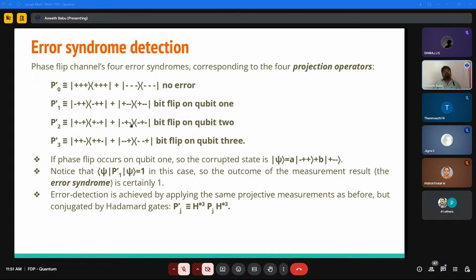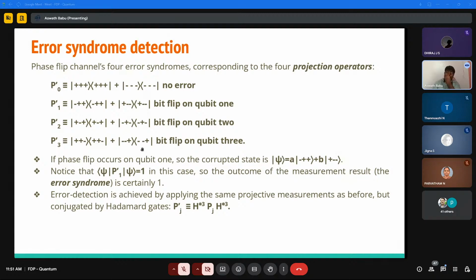Just like projection operators P0, P1, P2, P3, here I have P0 prime, P1 prime, P2 prime, and P3 prime. I will measure these on the output quantum state and find out whether the phase flip happened on the first, second, or third qubit.